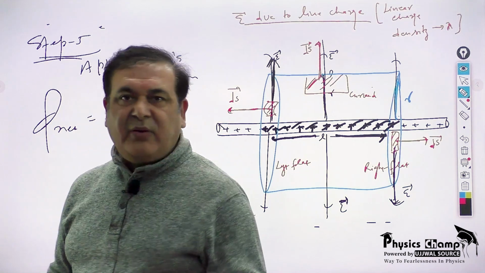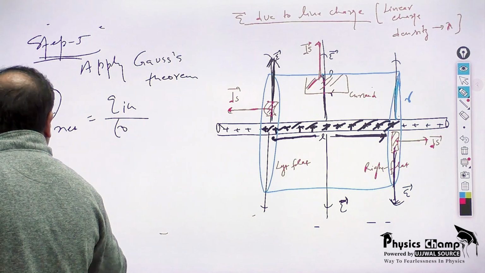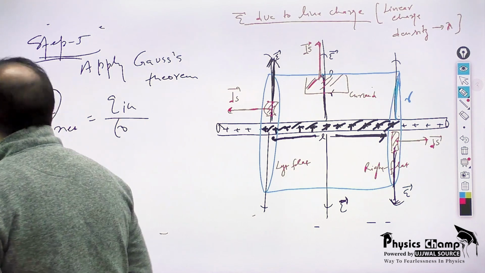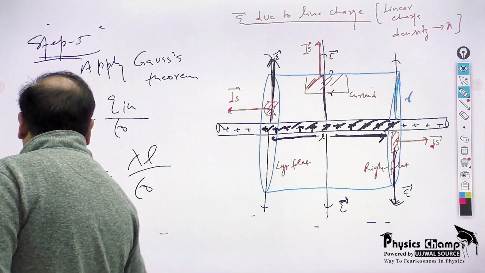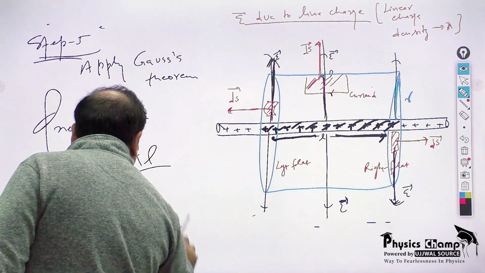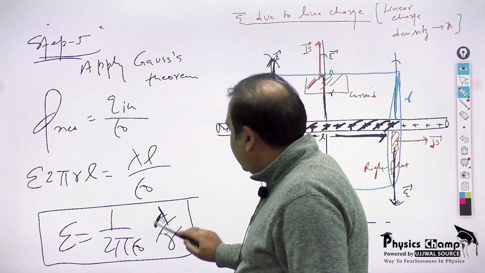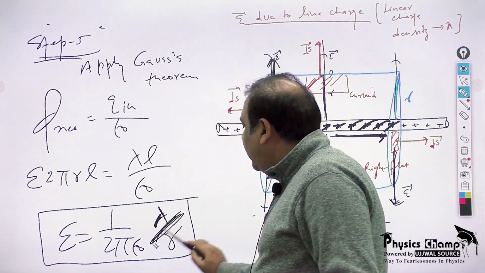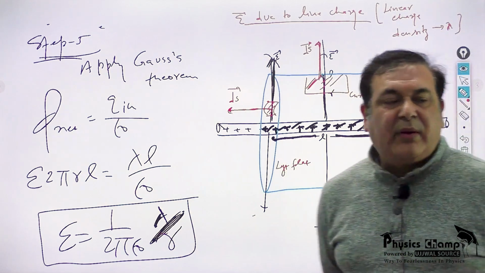The net flux you have obtained is E into 2 pi RL and the charge inside is lambda L by epsilon naught. So the electric field is 1 by 2 pi epsilon naught, lambda by r, where lambda is the linear charge density and r is the distance of the point P where you are looking for the electric field.